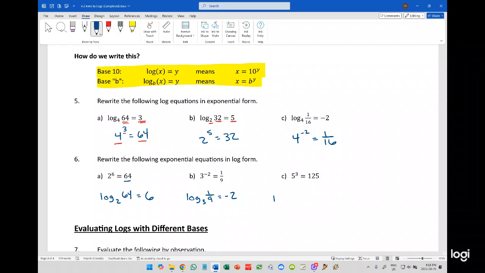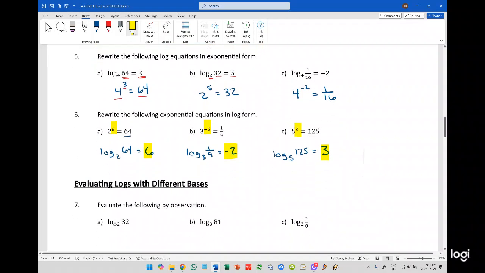And here, log base 5 of 125 equals 3. So the part that's alone is the exponent. The bases are the same. That's why we call them base in both forms. And the number that goes into the log is the answer from the original part. So 64 was the answer. We plug that into the log. 1/9 was the answer. We plug that into the log, and so on.